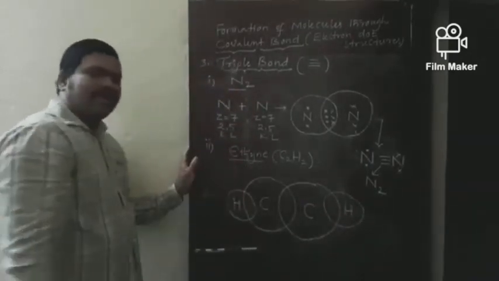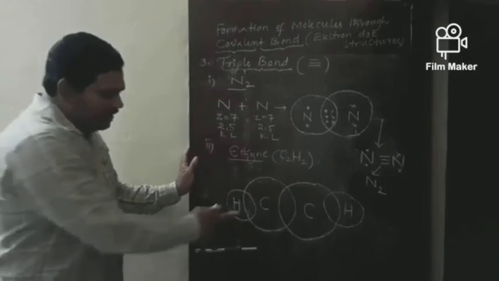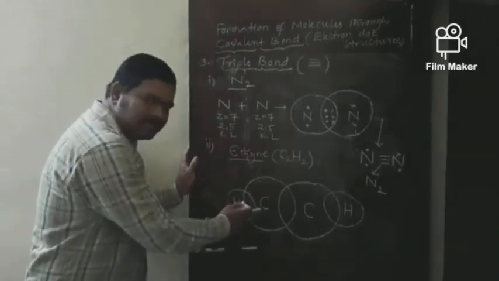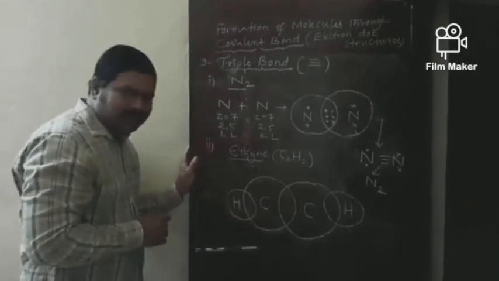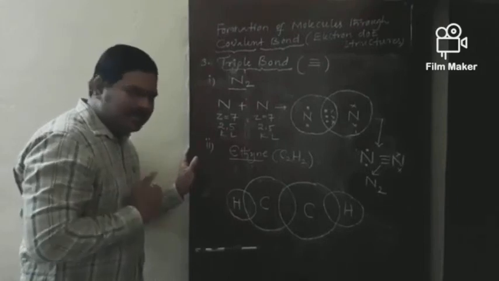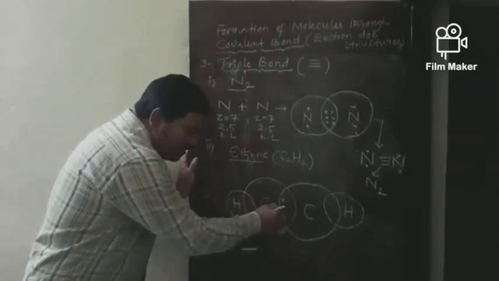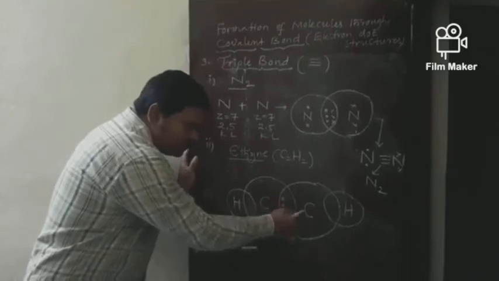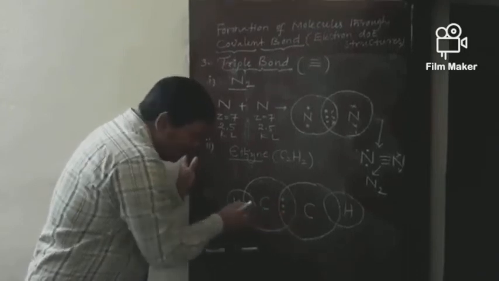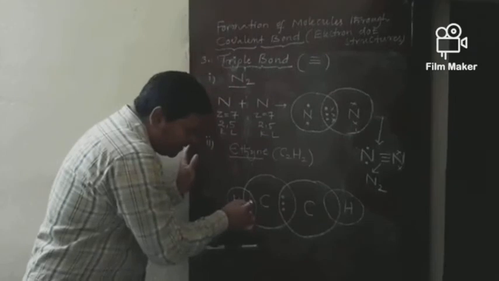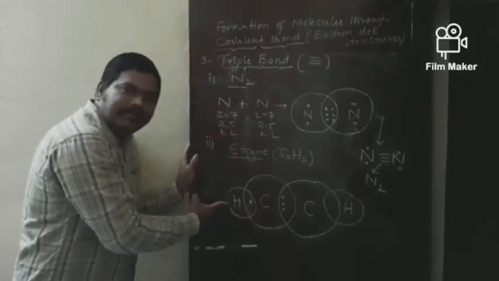Then what about the requirement? This carbon has 4 valence electrons. That is the real fact. Out of 4 valence electrons, 3 electrons are contributed to the other carbon, and 1 electron is contributed to this hydrogen.